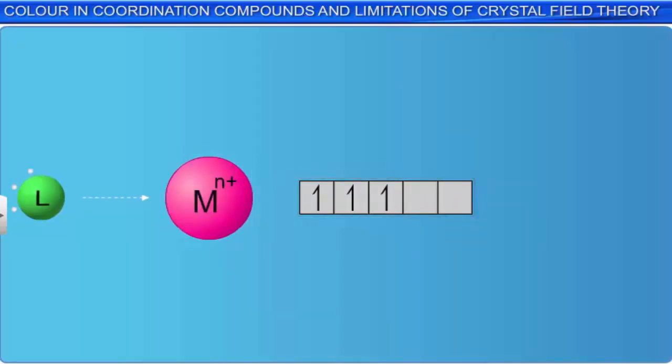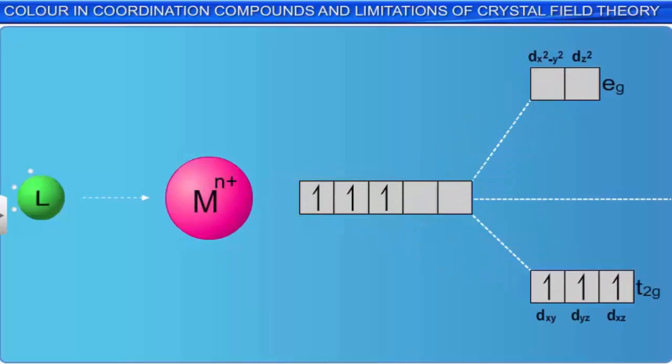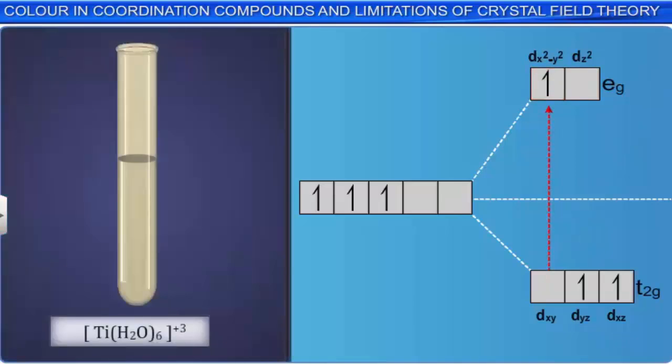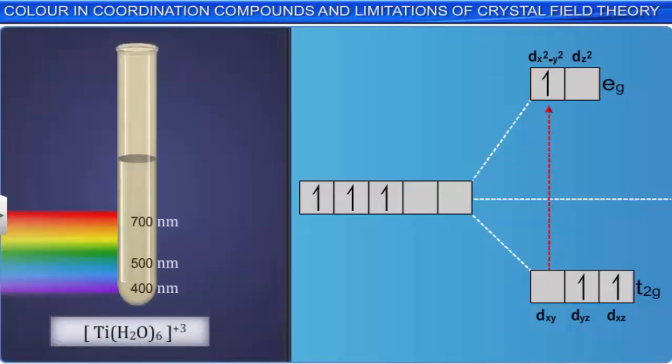When light of sufficient energy is incident on the metal ion, the electron in the low energy t2g orbital absorbs energy and gets promoted to the higher eg set of orbitals. White light minus the absorbed color becomes the color of the complex. Thus, the color of coordination compounds arises from the electron transition between the split d orbital energy levels.